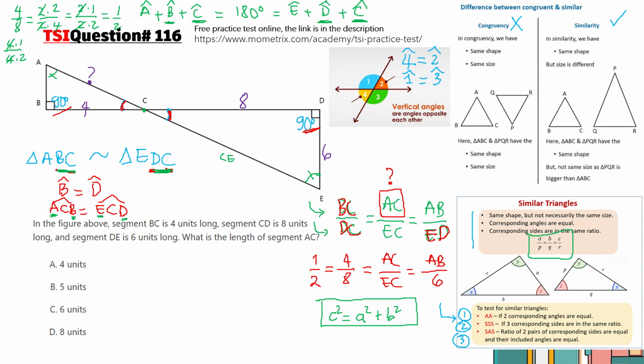Let's say the first way, you can solve for CE based on the Pythagorean theorem, then use the ratio one-half to solve. Okay, and this is right here.